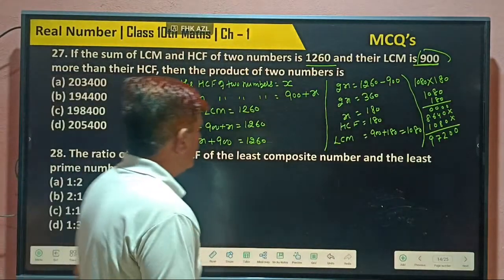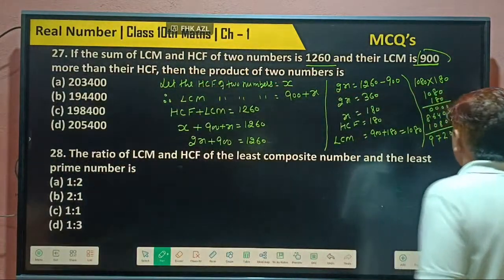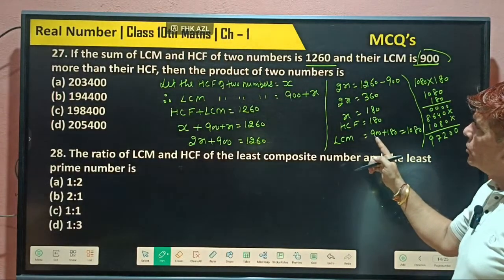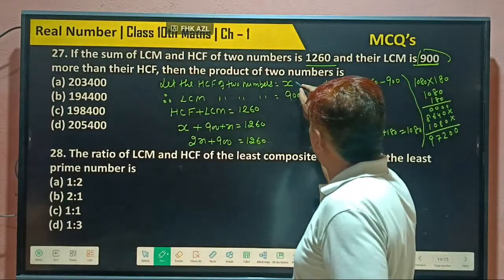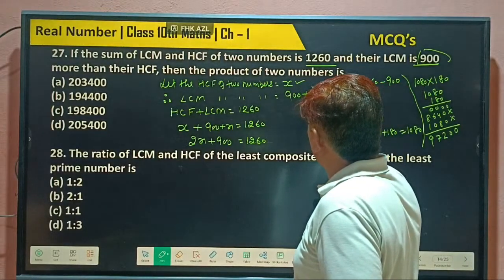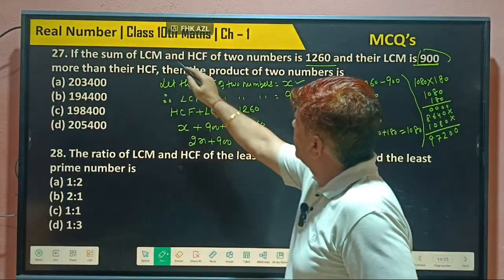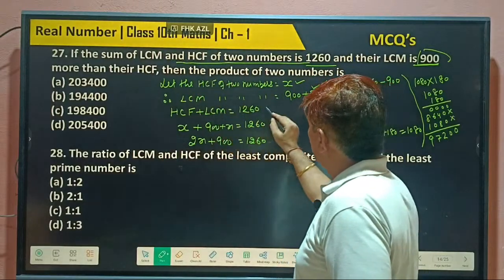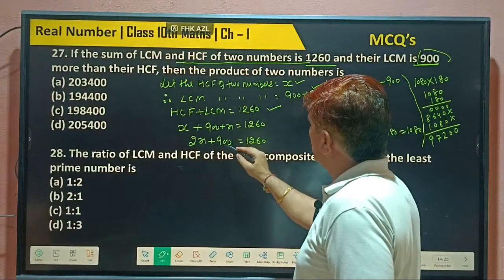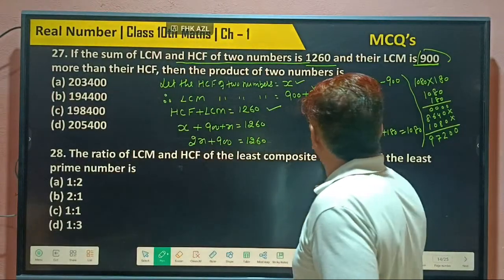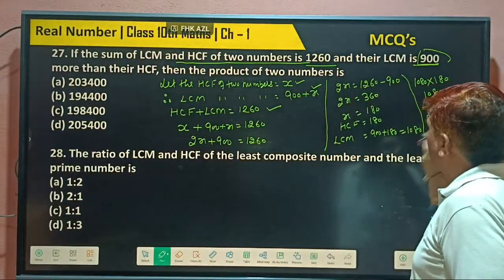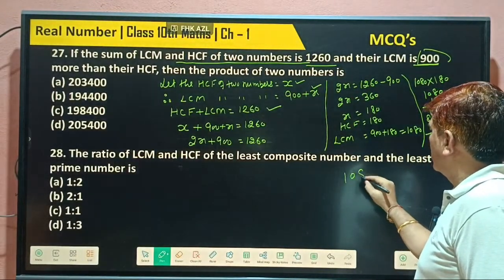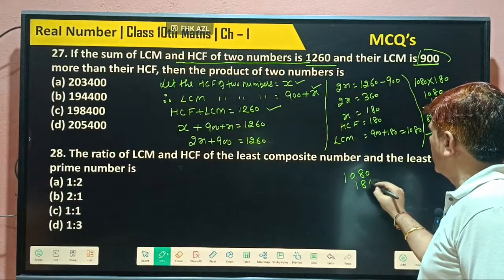So once more we will check what the problem is. So this is given. Their HCF is this, LCM is this. So the sum of the LCM and HCF of the two numbers is this. HCF plus LCM is equal to this. So this is 2X, 900 plus 180, this is 1080. 1080 into 180.